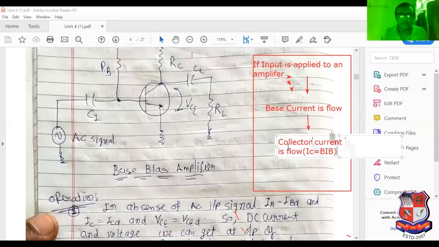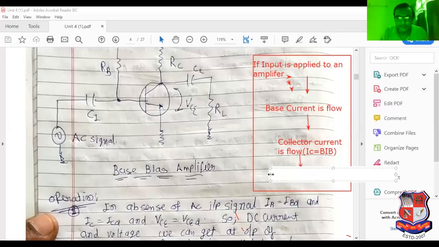Next, if collector current flows, then IC RC increases. The voltage drop across the resistor increases.